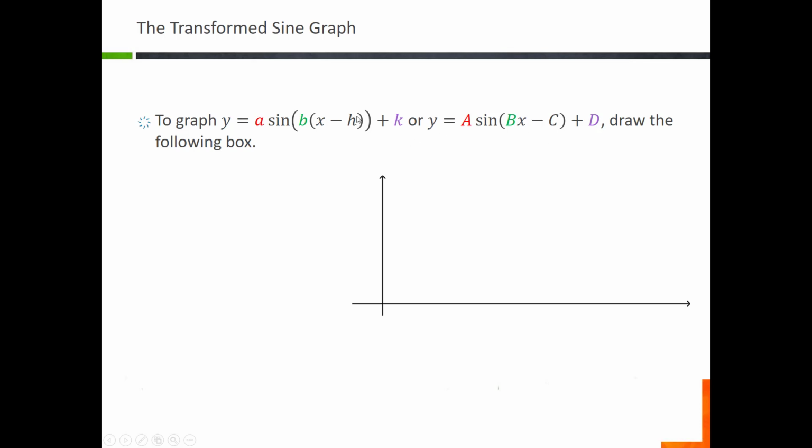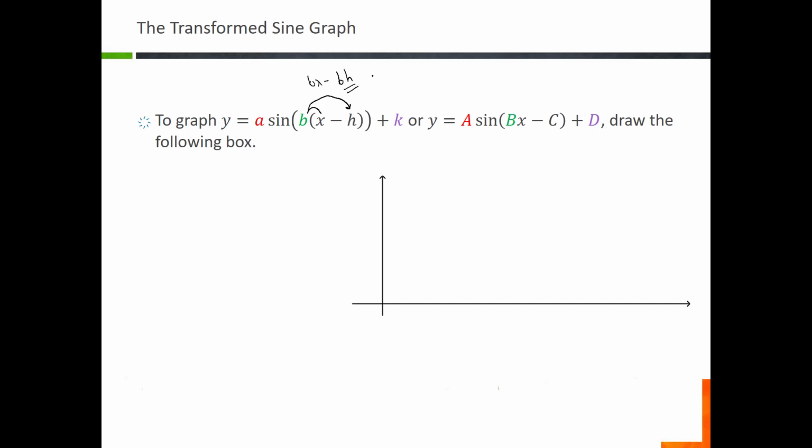Because the h involves a factored parentheses, we factored this b out. If you wanted to go between either of these two, one way you could do that, if I were to distribute this b into the parentheses and multiply it by both of those, I would get bx minus bh.